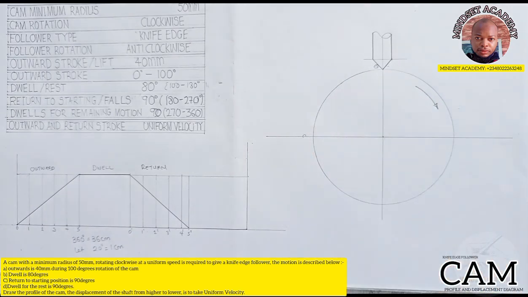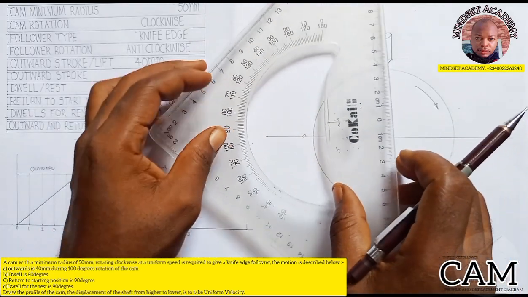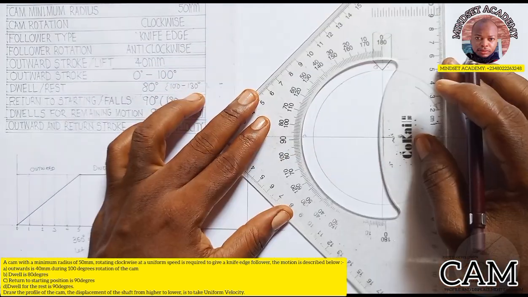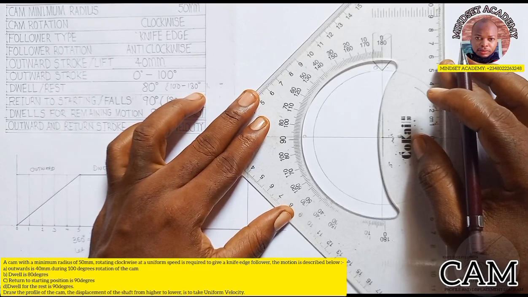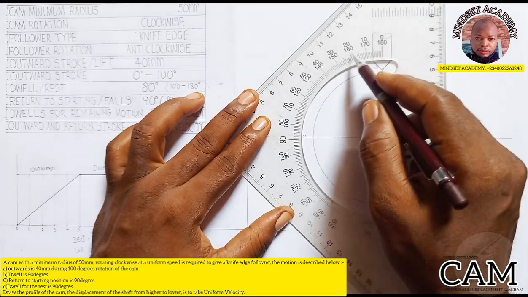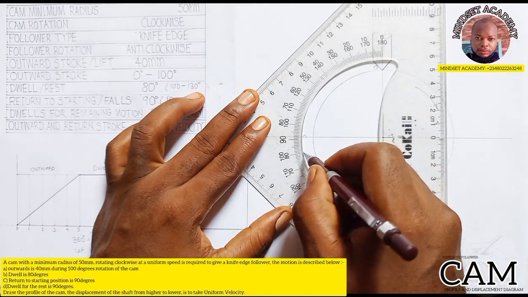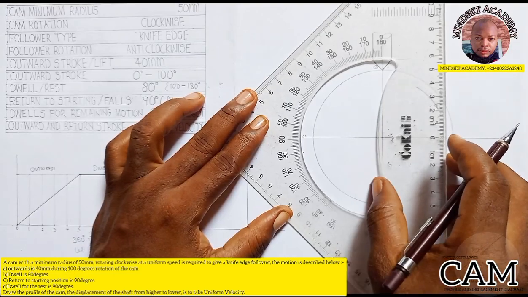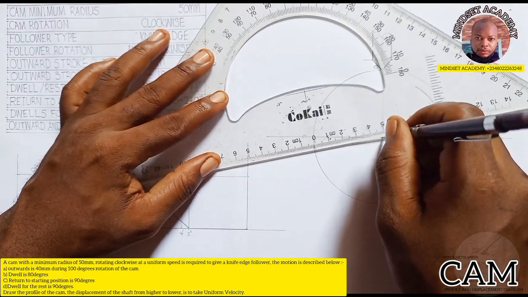So I'm going to get the first part, which is 100 degrees. So I'll place it this way. From 0, this is 90 and this is 100 here. So this is where we are focusing on.